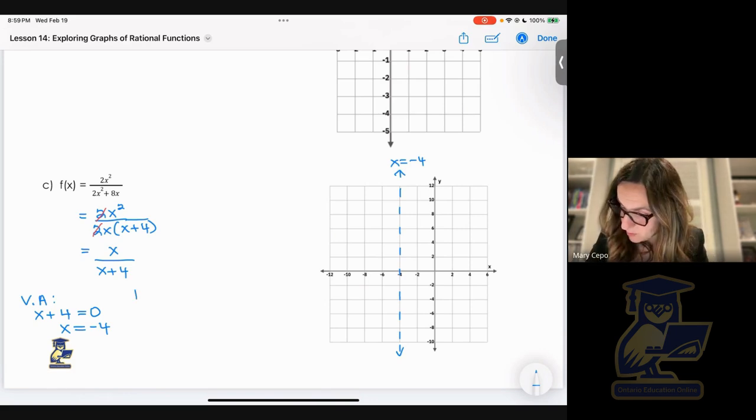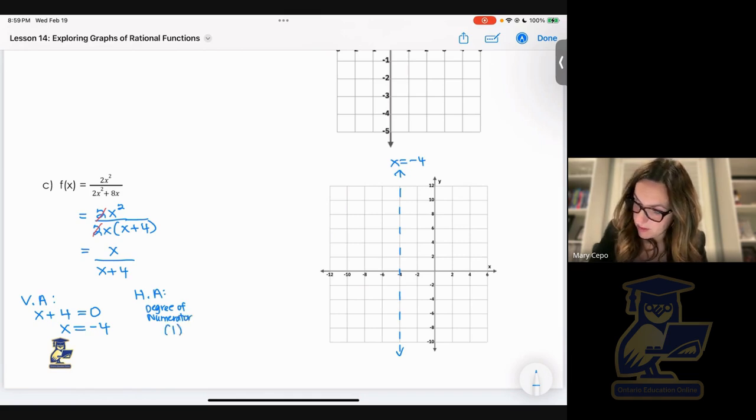Horizontal asymptote. We know a horizontal asymptote exists, and we have to compare the degree of the numerator to the degree of the denominator. The degree of numerator is 1. Remember, keeping the exponent. The degree is the exponent on our highest variable term, and this is x in both cases.